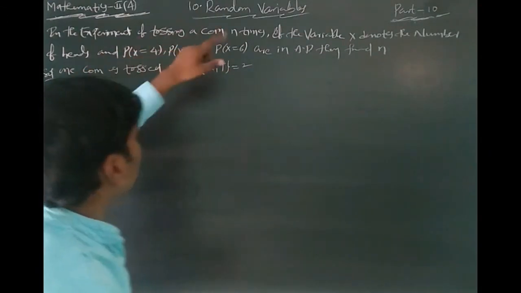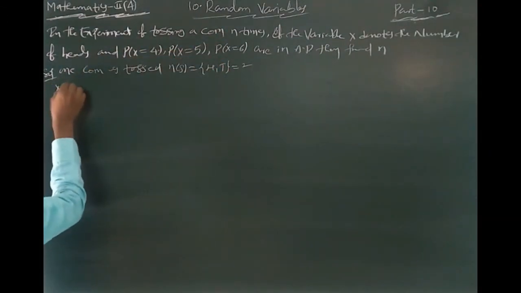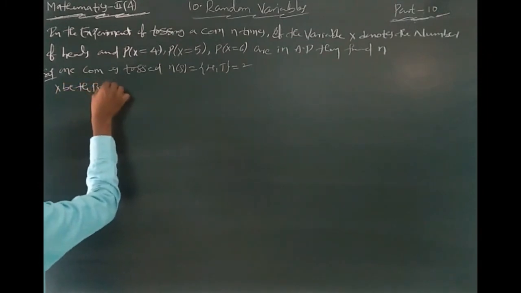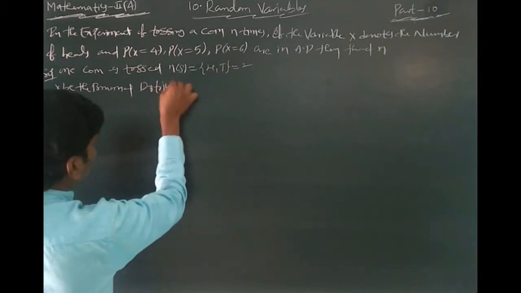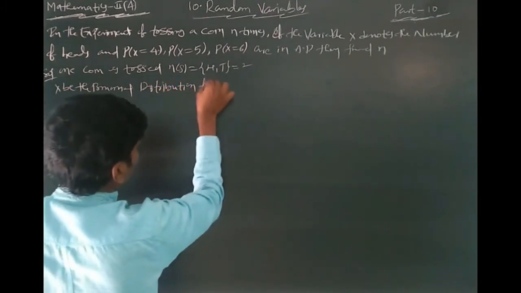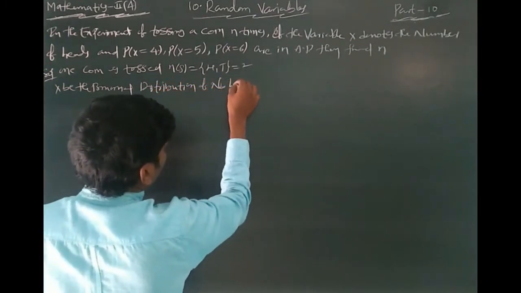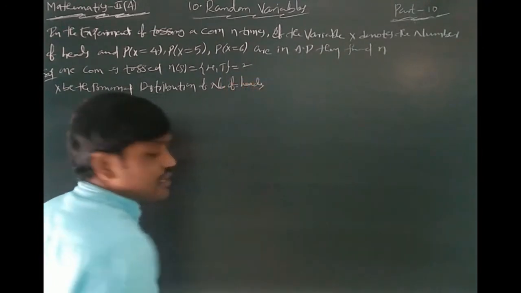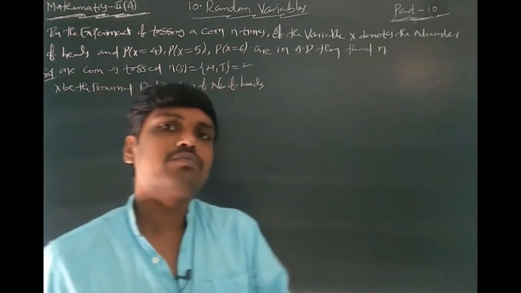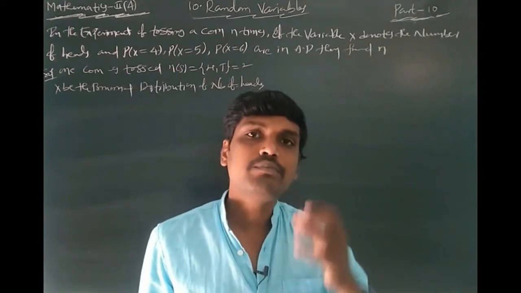Here, what is x? X will be the binomial distribution of the number of heads. One coin is tossed. How many heads are possible?